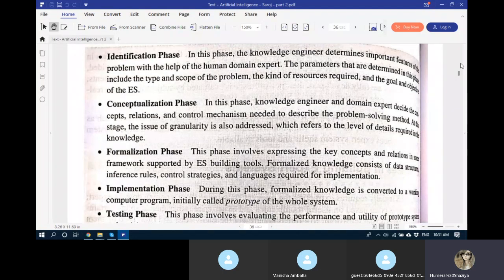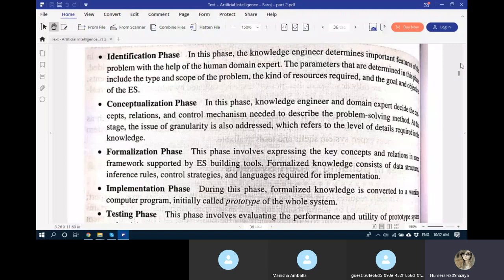You require tools to build an expert system. When you require tools to build an expert system, you need to express key concepts and relations in a form which is supported by building tools of expert system.